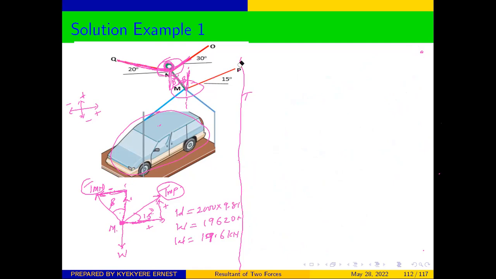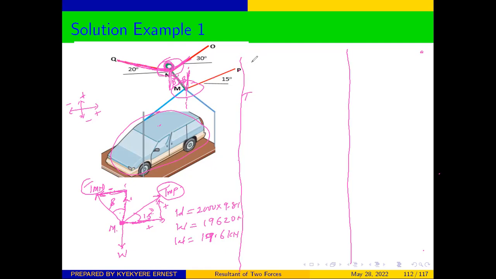Now, in order to get our angle, we can also get the ratio of equation 1 and equation 2. From equation 1, we had equation 5, and from equation 2, we had equation 6.